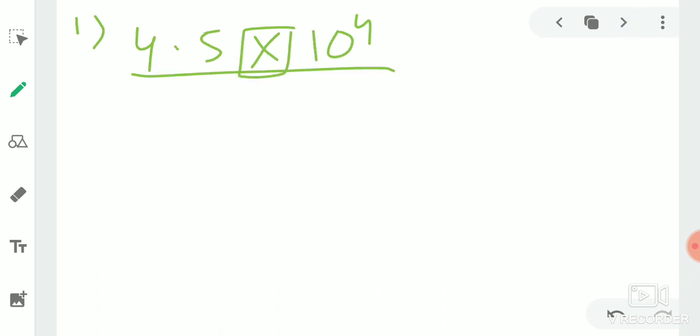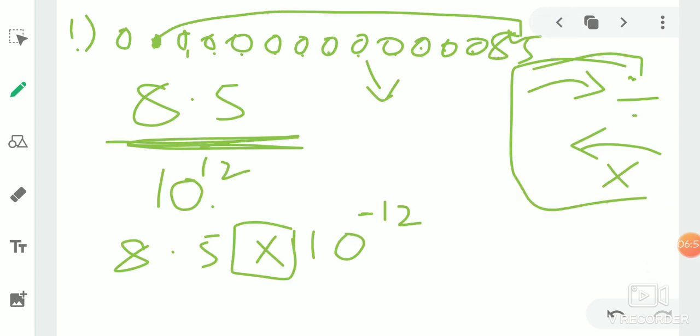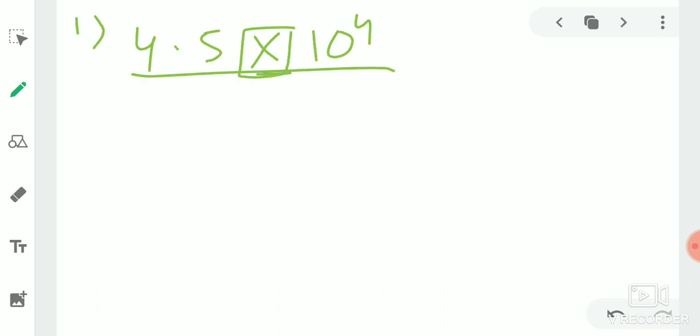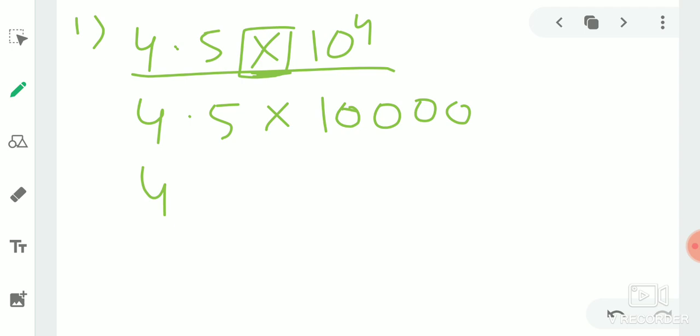Here we multiply 10 raised to power 4. When we were taking the left shift we multiplied, but here we have to take the opposite. This is multiplication, so we will do a right shift. I can write it as 4.5 into 10 raised to power 4, which means 4 zeros: 1, 2, 3, and 4.